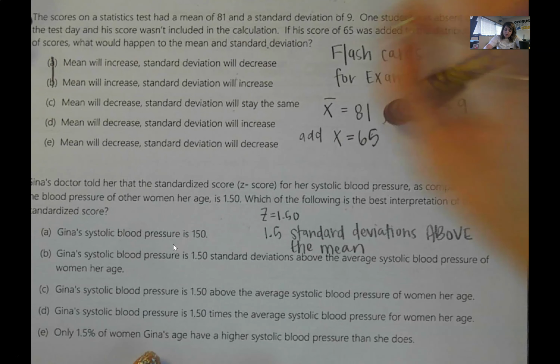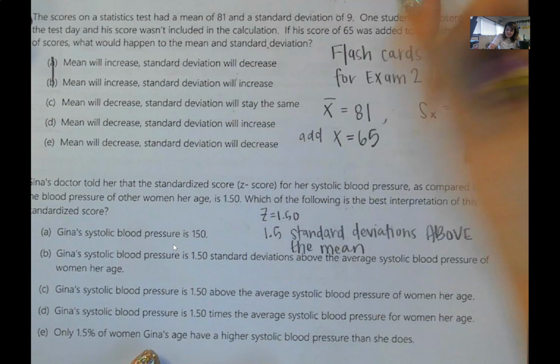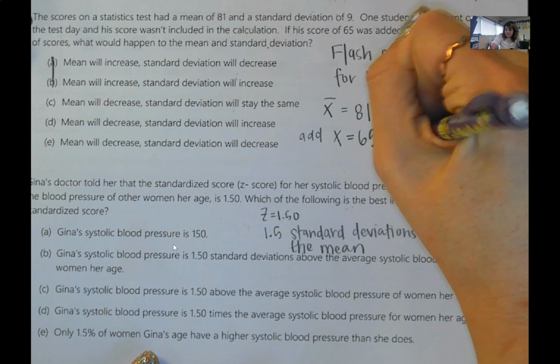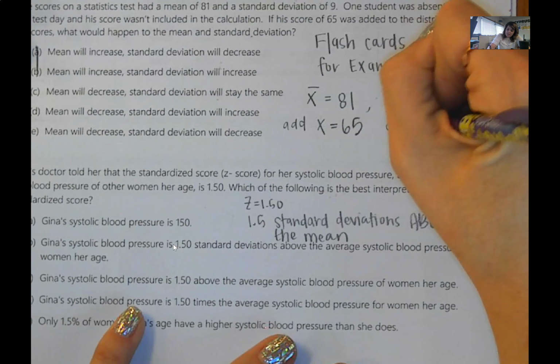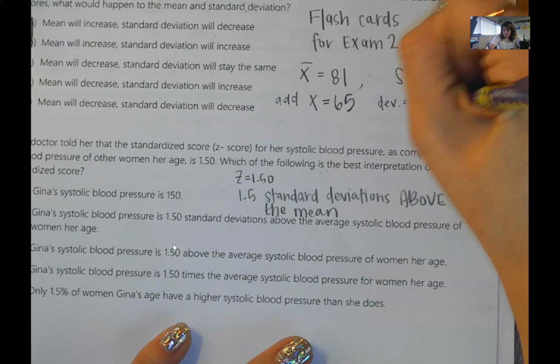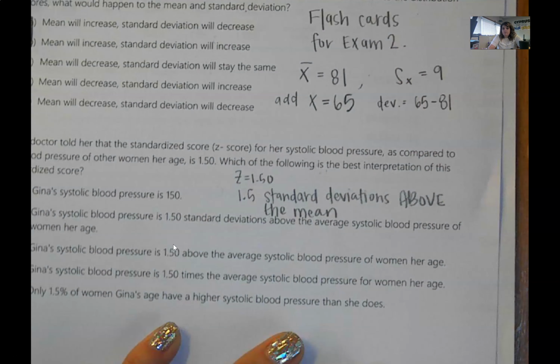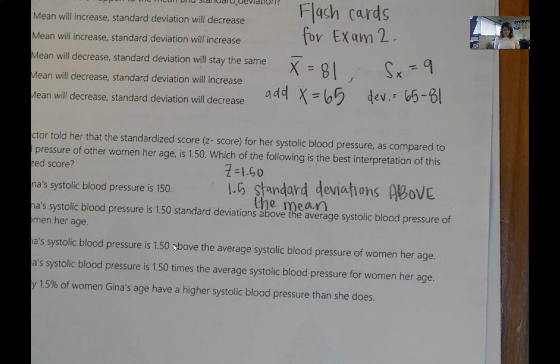Now we need to compare standard deviation to the deviation of this data value. The deviation is 65 minus 81. Sorry, I'm just pulling up my flashcard.